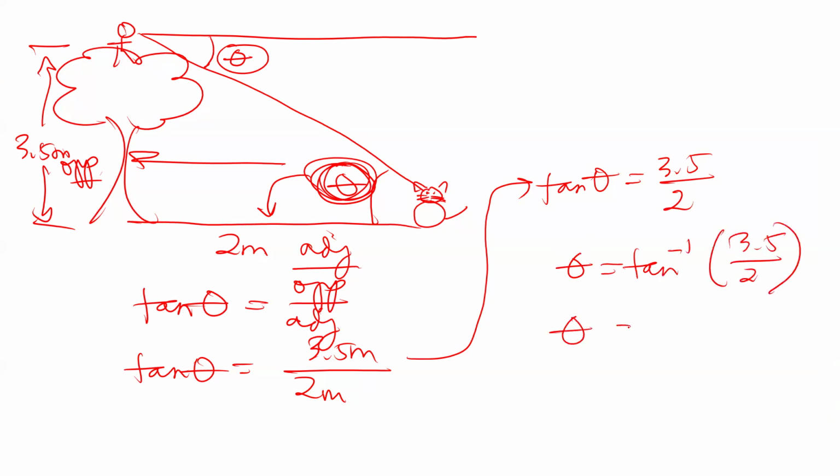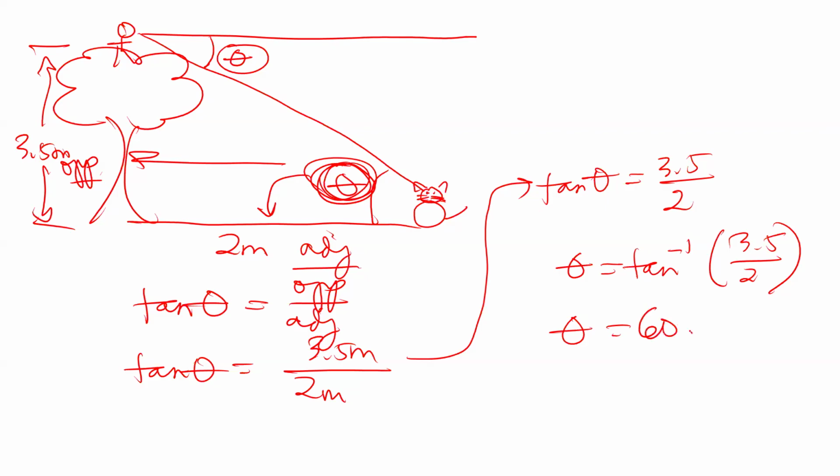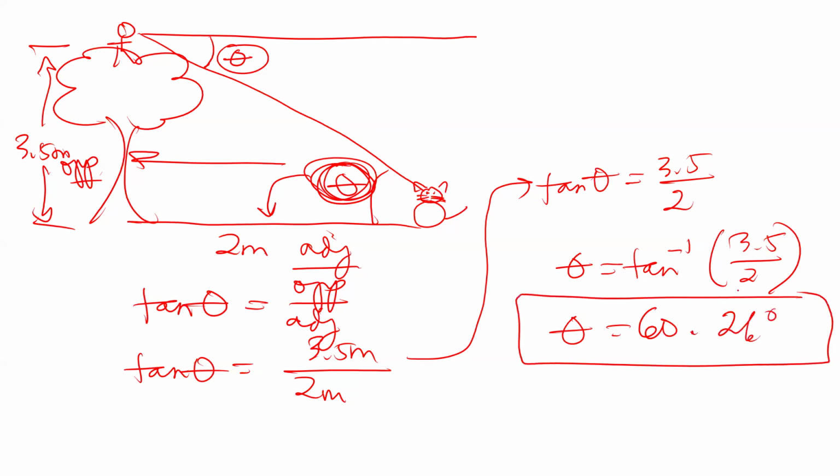Everybody get your calculators. What is the value of theta? Tangent inverse, or shift tan, 3.5 over 2. What answer do you get? Very good. The answer is 60.26 degrees. Did you all get that?